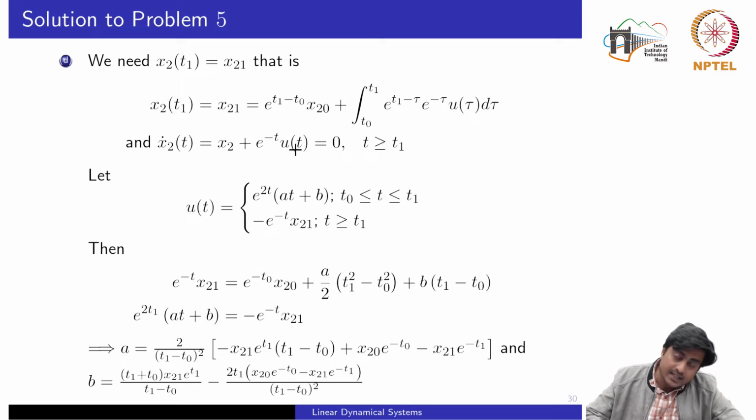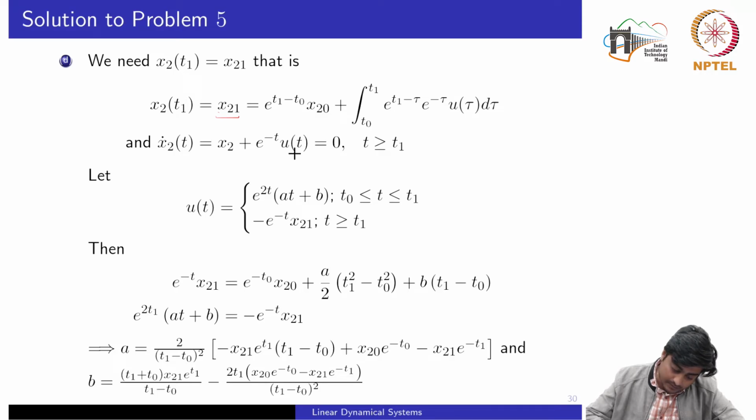At t equal to t1 we have already ensured that it has reached x21. So if I put the derivative of this equation equal to 0, this trajectory would stay at x21 only.